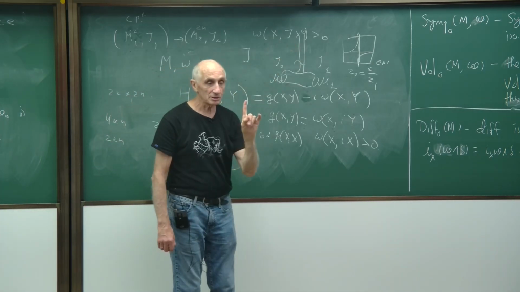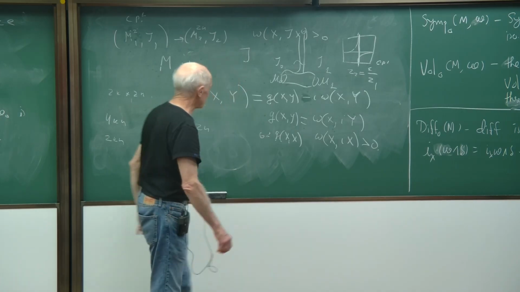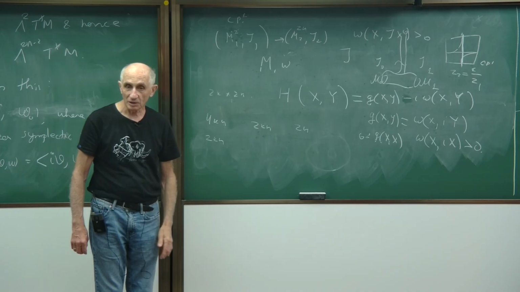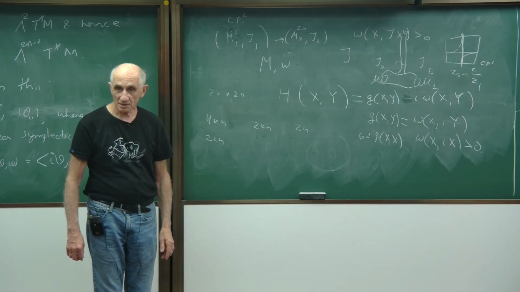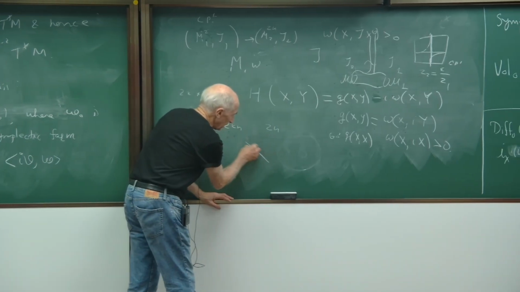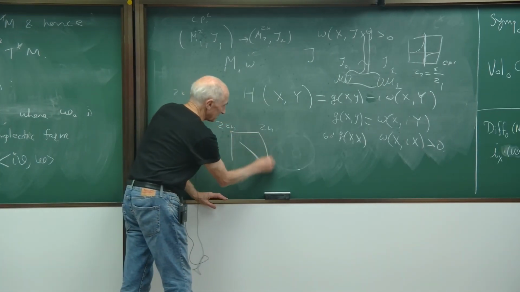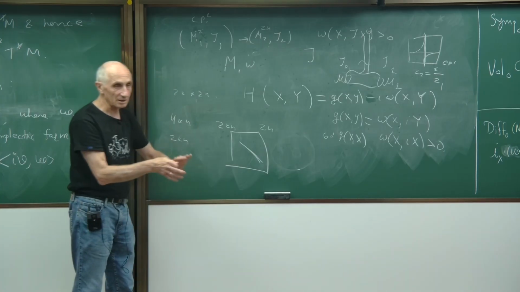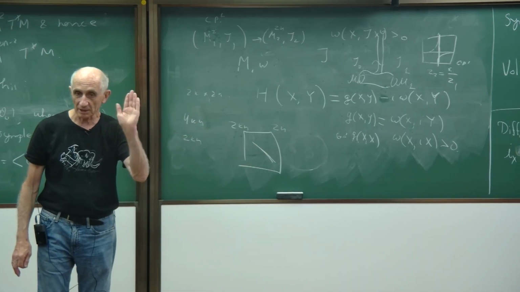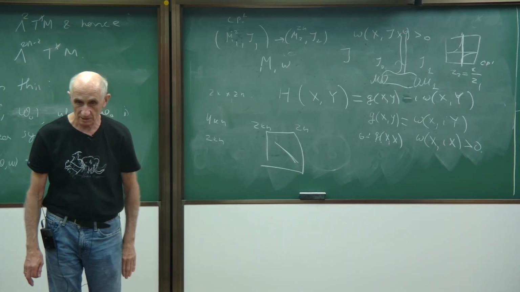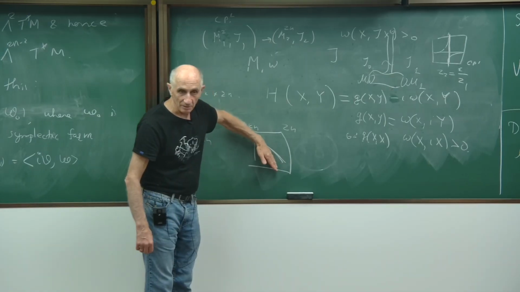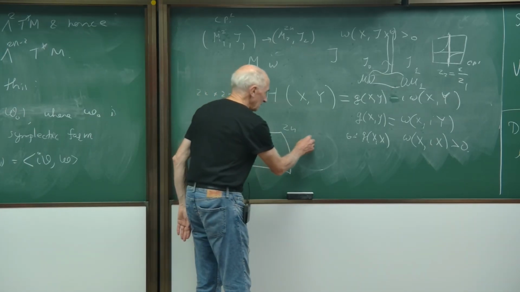So now how does this help? Because there exists what is called the Wirtinger inequality, which says the following. Take the standard Cn with the standard metric and standard symplectic structure, and take any plane.